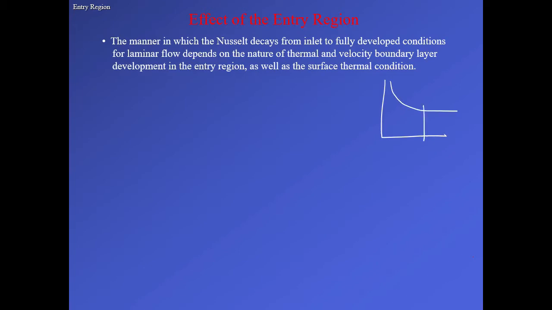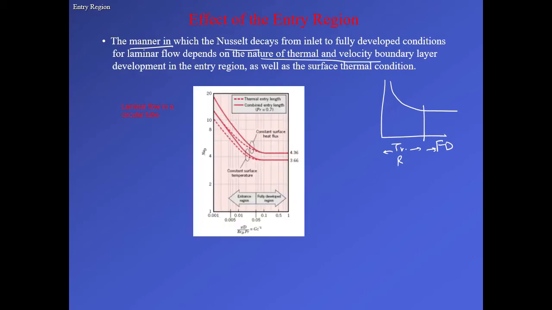So you have this fully developed region and you have this transitional region. In the transition region, the manner in which the Nusselt number decays depends on the nature of the thermal and velocity boundary layers.